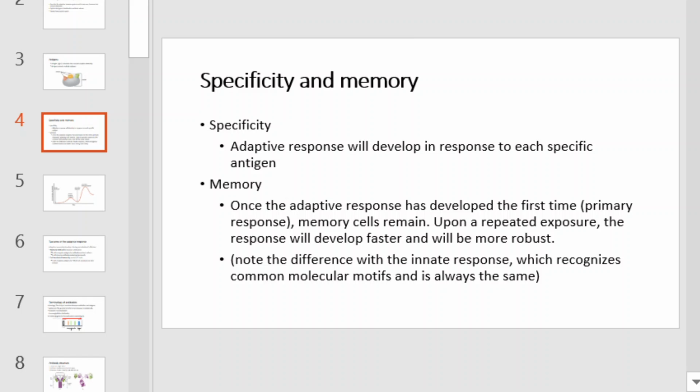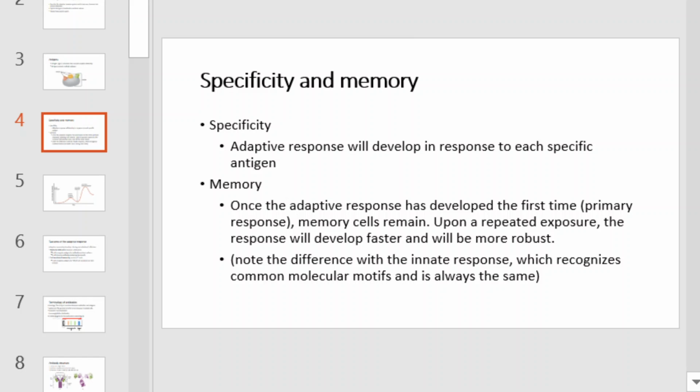Specificity and memory. Your adaptive immune response will develop in response to each specific antigen that it encounters in a very specific way. It will even remember how to ward off foreign pathogens, foreign antigens, over time. Once the adaptive response has developed the first time in what's called a primary response, memory cells remain.